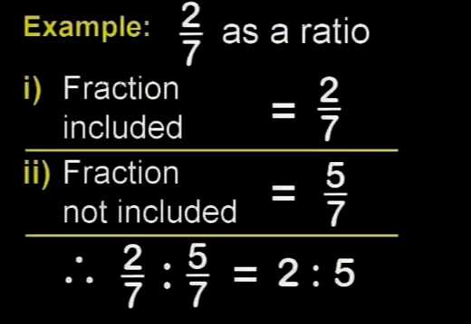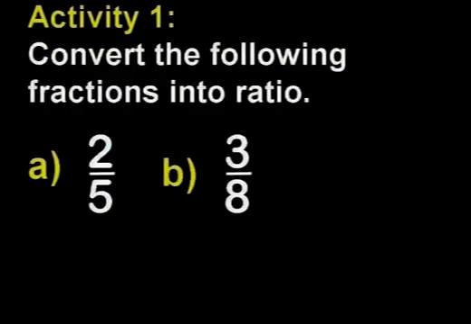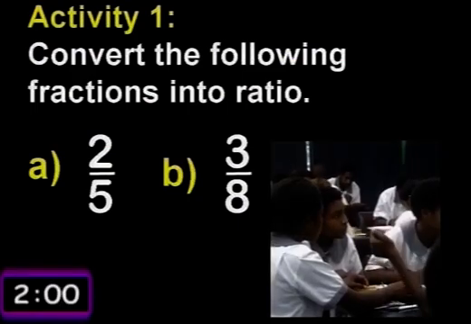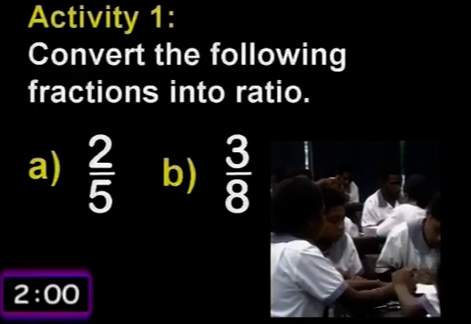You have 2/5 to be written as a ratio, and 3/8. You have 2 minutes to get this complete.